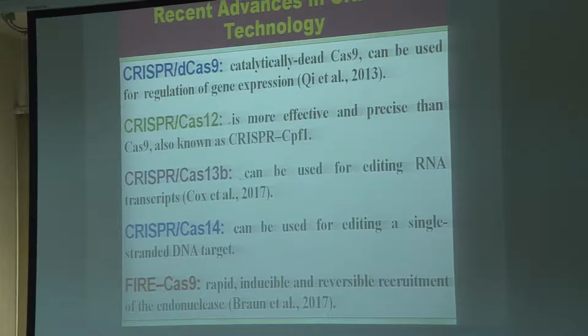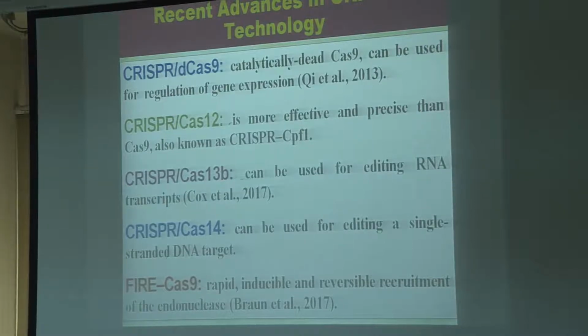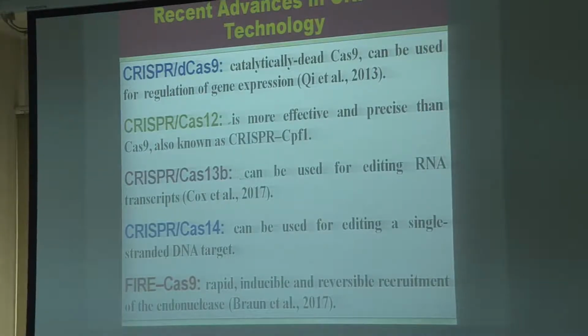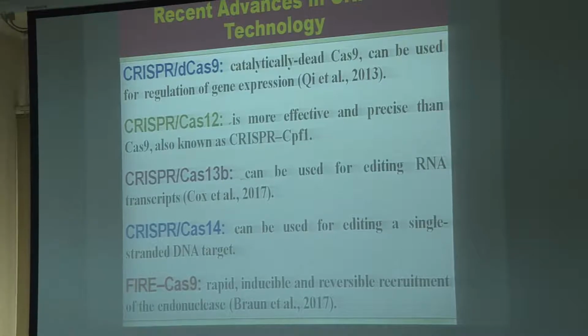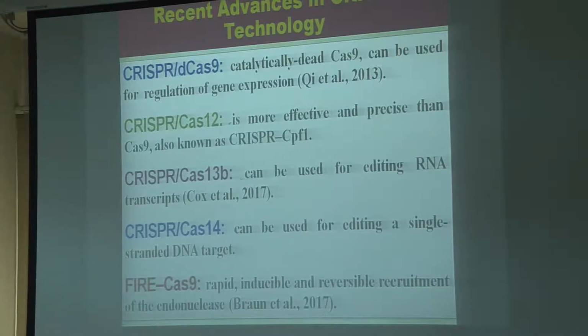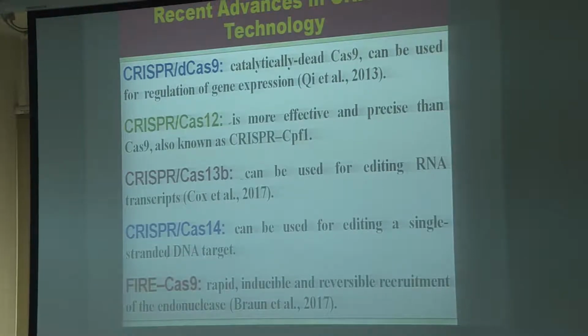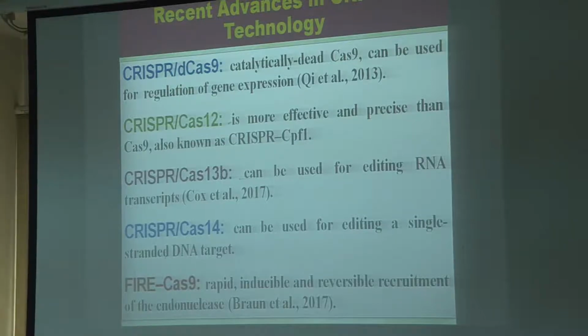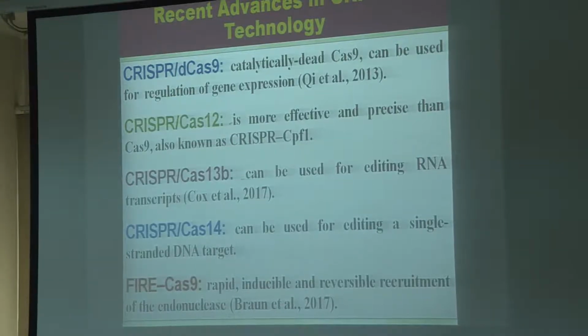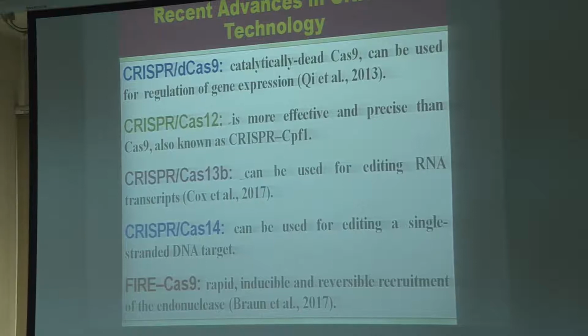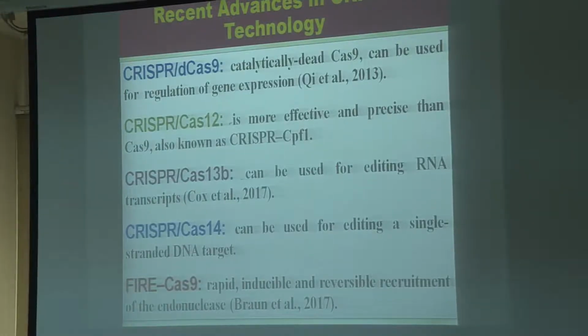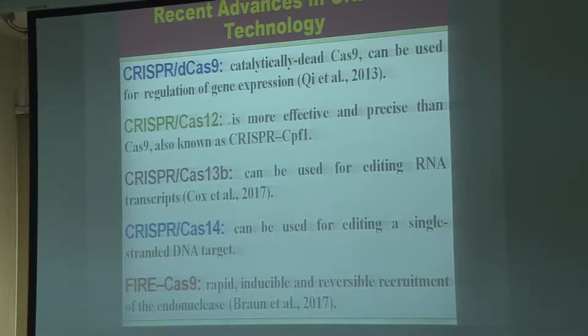So, let us see the recent advances. Of course, this technology is not more than 7 years old, but there is a lot of advancement happening in it. We have seen CRISPR-Cas, and here you can see dCas. This D has been added because of dead Cas, meaning that Cas is not able to do its own function. And what is that function?